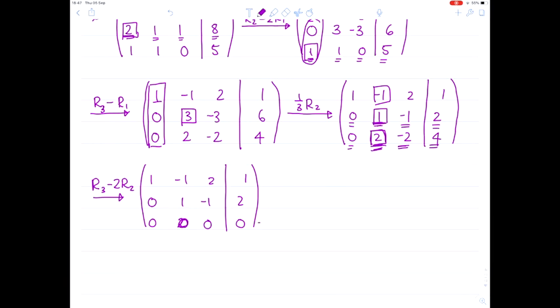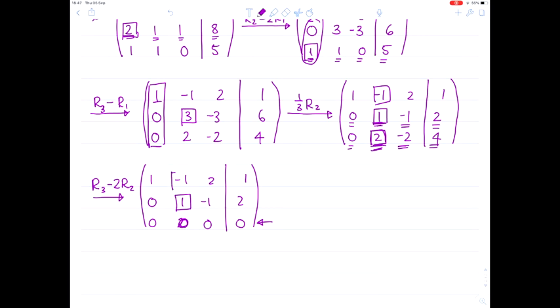So notice that we've got a row of all zeros. Well, we already knew that this could happen. Working with equations, we got 0 equals 0 sometimes, so that's fine. And we just want to check, is our row of zeros below everything else? Yes, it is. That's great. So now what we need to do is look at this column over here, because we still need to get zeros everywhere else in that column.